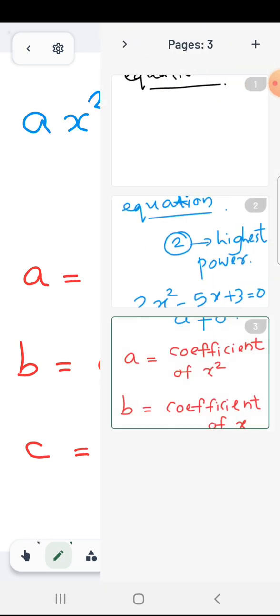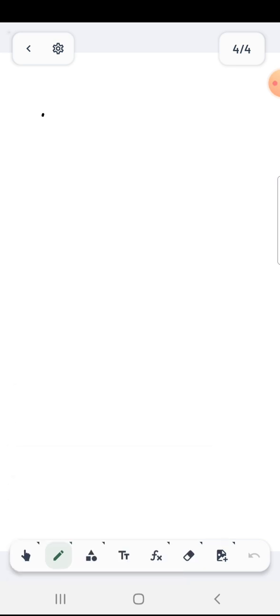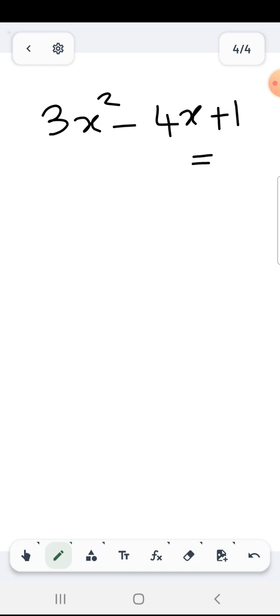For example, if we have 3x square minus 4x plus 1 equal to 0. In this equation, the coefficient of x square is 3.